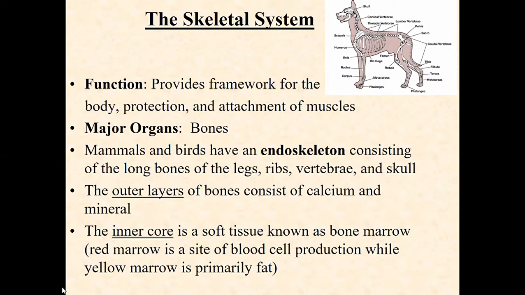The outer layers of bones consist of calcium and minerals. The inner core is a soft tissue known as bone marrow. The red marrow is a site of blood cell production, while yellow marrow is primarily fat. So that's in the inner core, in your bone marrow.